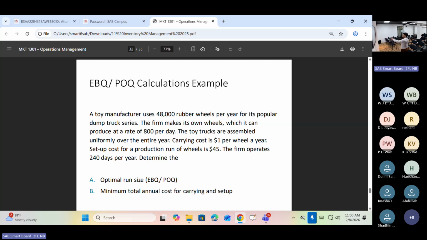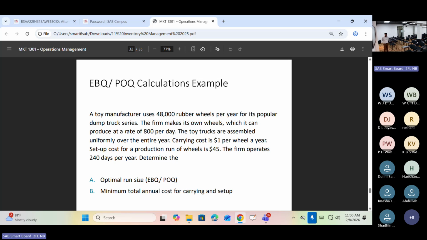Simple P is given, daily production rate 800, but you'll have to identify daily demand. For that we use annual demand, capital D, 48,000 divided by the number of days operating, that is 240.